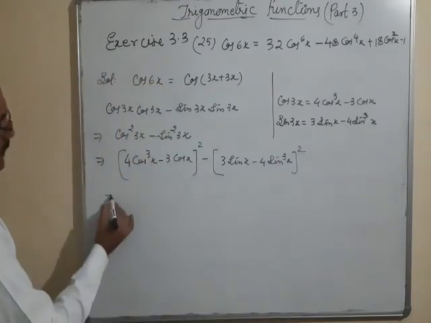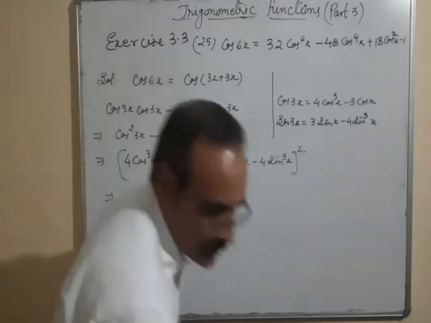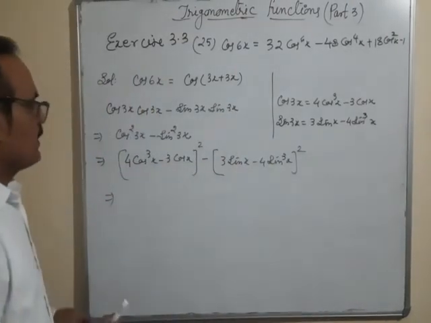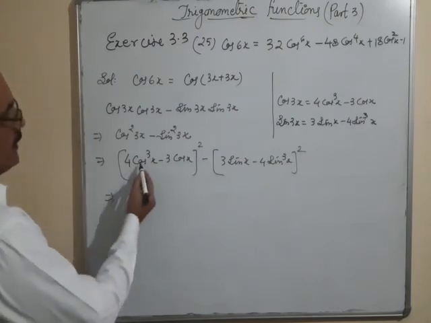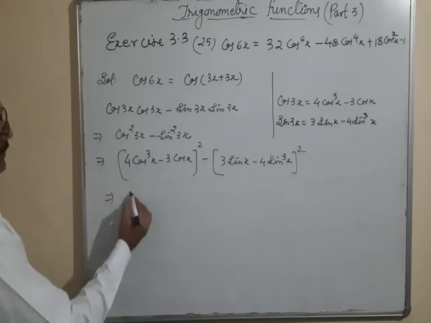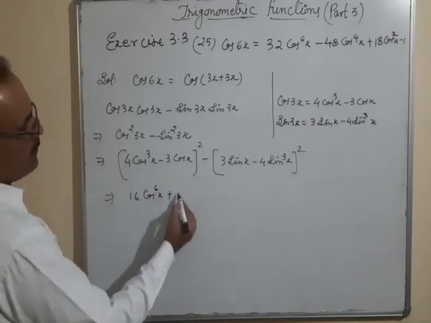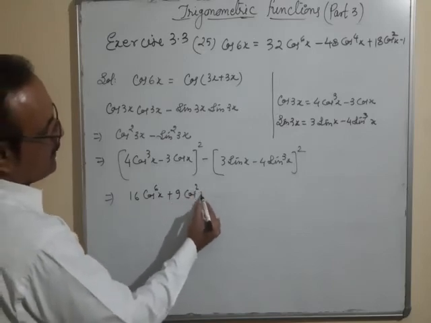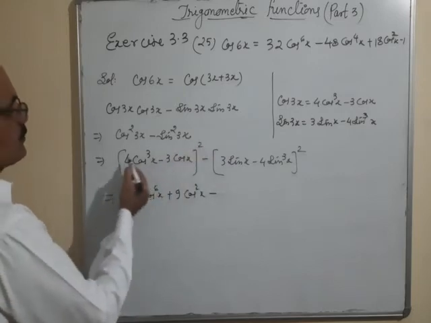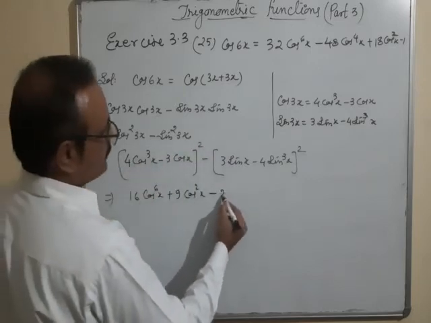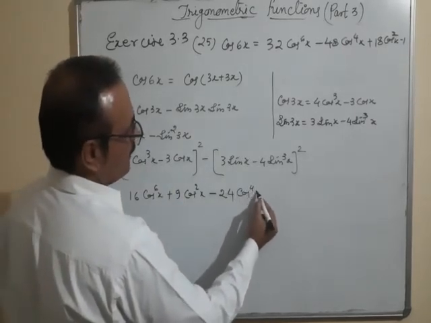Now we are using the identity a minus b whole square, which is a square plus b square minus 2ab. So it is 16 cos to the power 6x plus 9 cos square x minus 2ab: 2 4s are 8, 3s are 24, minus 24 cos cube x into cos x, cos to the power 4x.